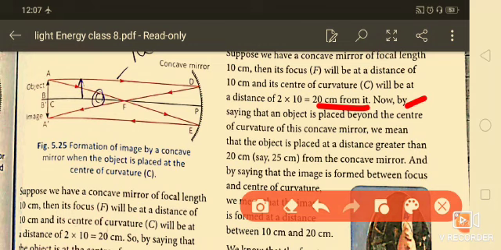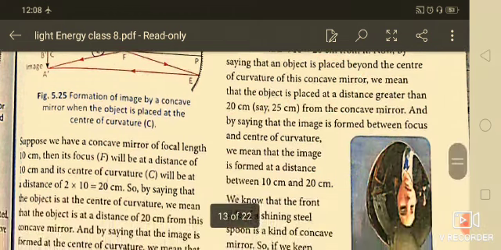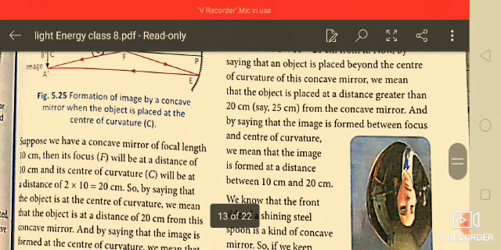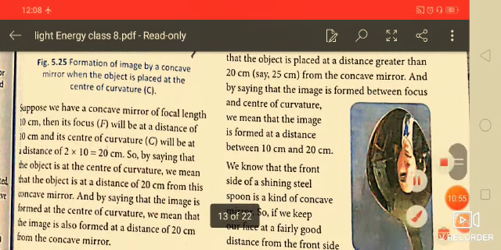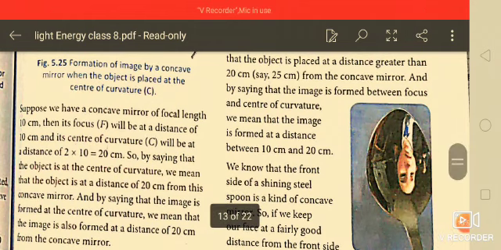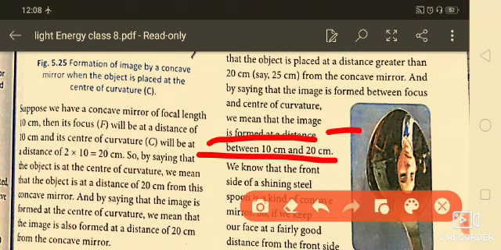Now saying that an object is placed beyond the center of curvature of this concave mirror, we mean that the object is placed at a distance greater than 20 centimeter from the concave mirror. This is very important. And by saying that the image is formed between the focus and center of curvature, we mean that the image is formed at a distance between 10 and 20 centimeter.